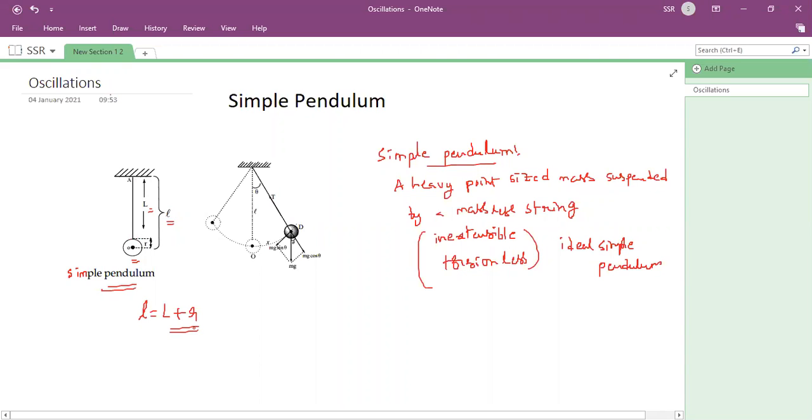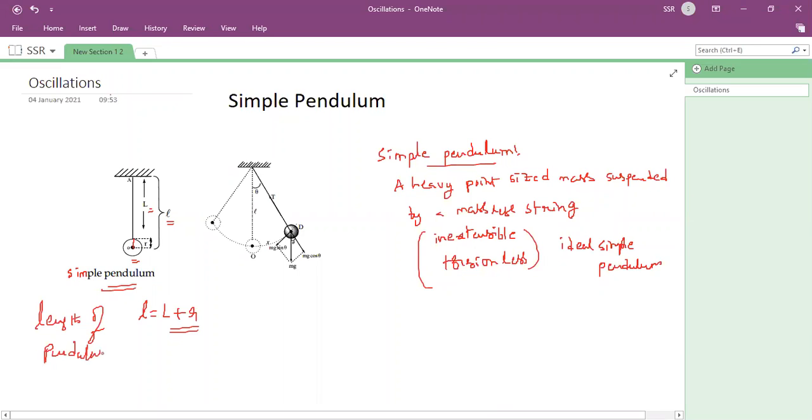That means the length of the pendulum is the length of the wire connected to the bob plus the radius, the length up to the center of mass or center of gravity of the bob. That is the length of the pendulum.